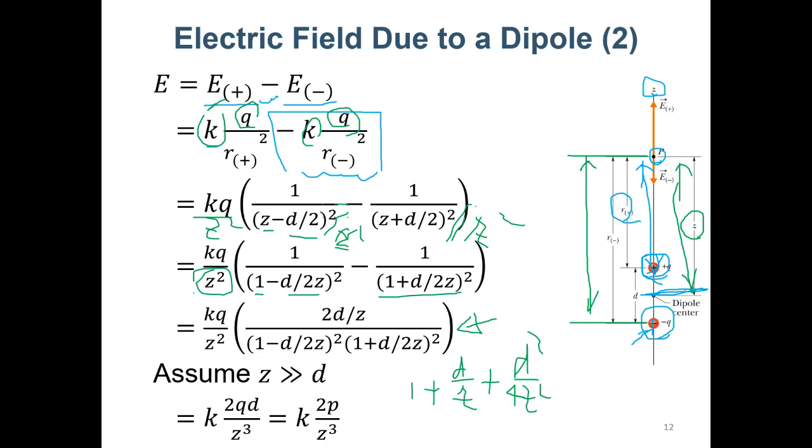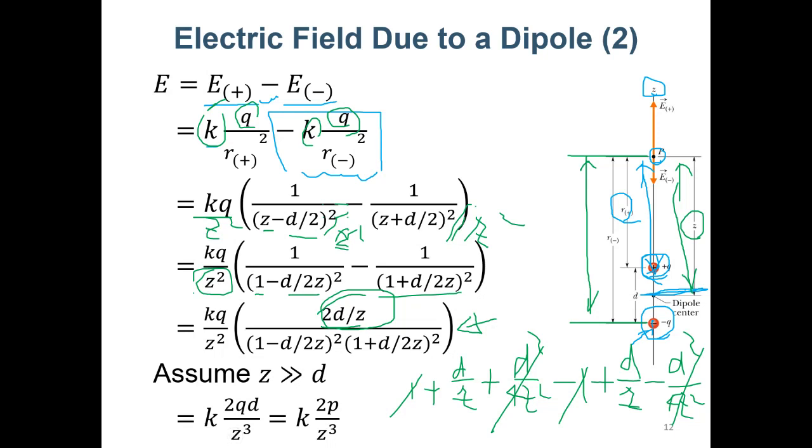For the second term it will become minus, 1 plus d over z and minus d squared over 4z squared. Okay, so some of them cancel, so the only remaining term is this term. So simple math.